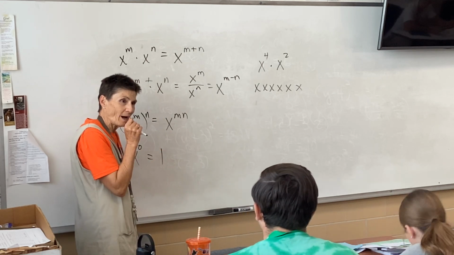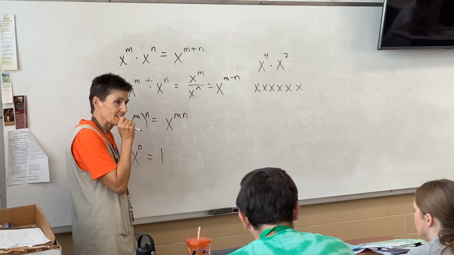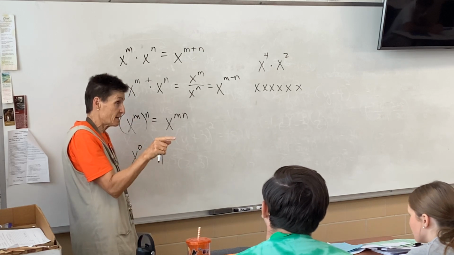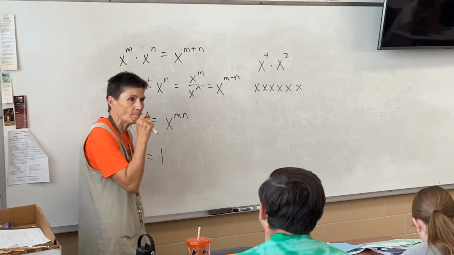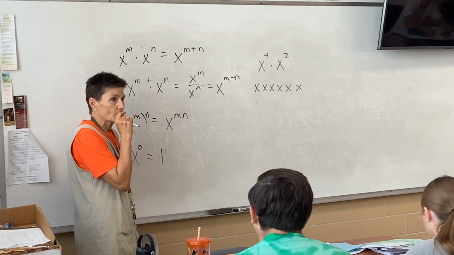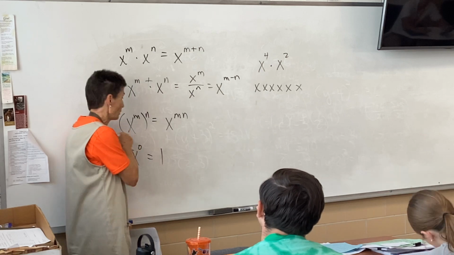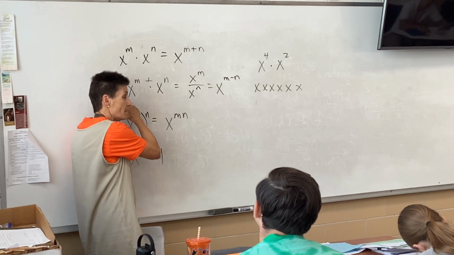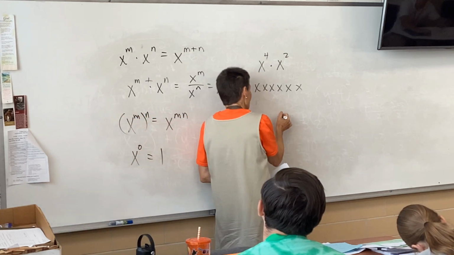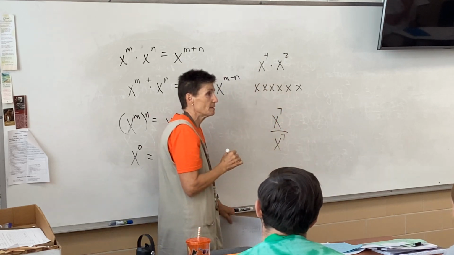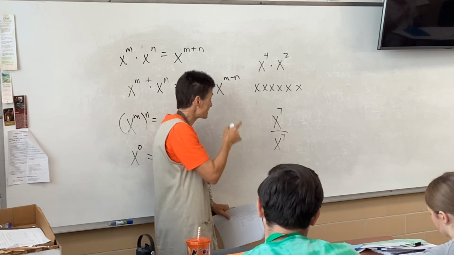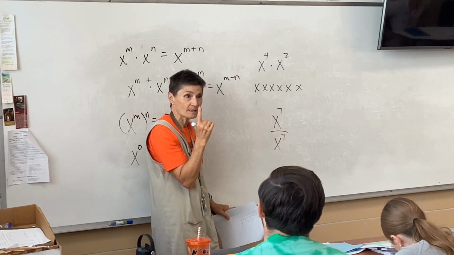Explain that to me. Why is that 1? Well, because we memorized that anything to the 0 power is 1. But where did that come from? Think about this rule right here. If you have x to the 7th divided by x to the 7th, everybody in the world knows that something divided by itself is 1, right?